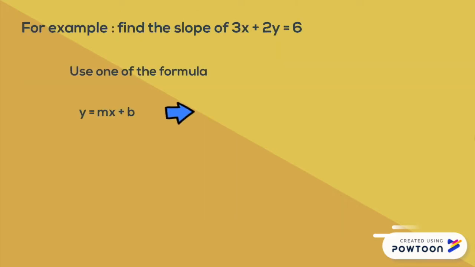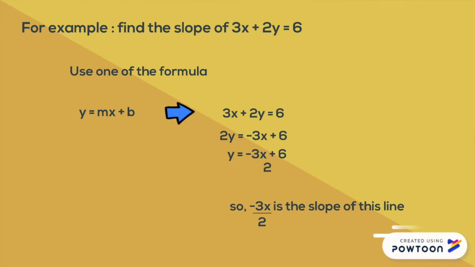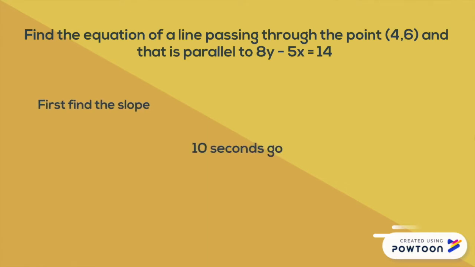So how do you find the slope of this one? Use one of the formulas, and then you can just solve to find the slope. So like this, and boom, negative 3x over 2 is the slope of this line. Okay, now it's your turn to find the slope. The time's running.